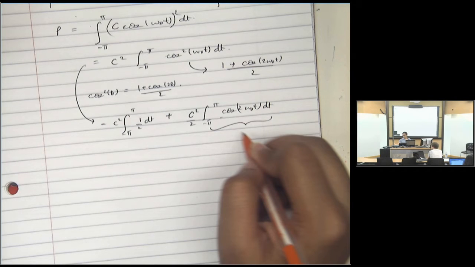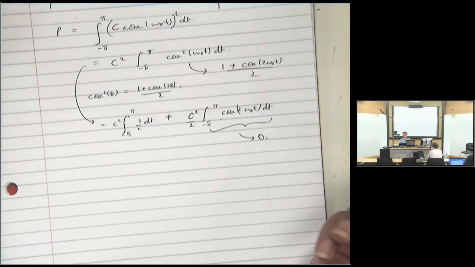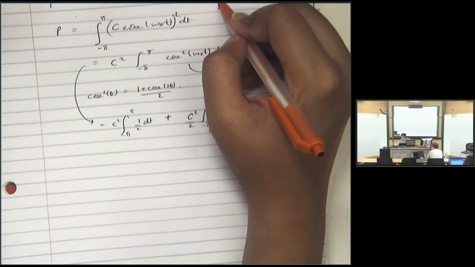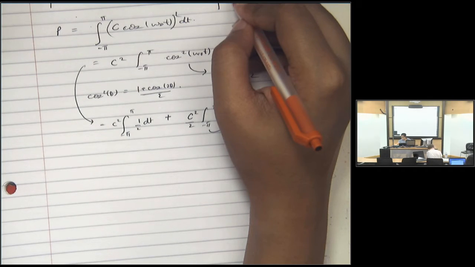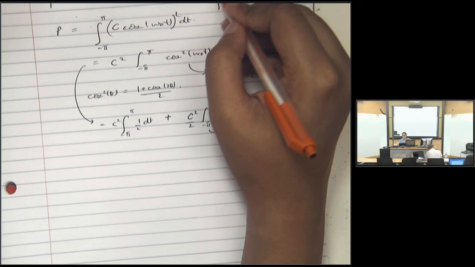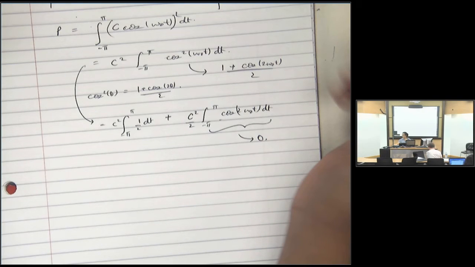Okay. Now this integral within the time period is equal to 0, right? Because see, if this is your time period, this area will cancel this area. I have not drawn it to scale, but your positive area will cancel the negative area.